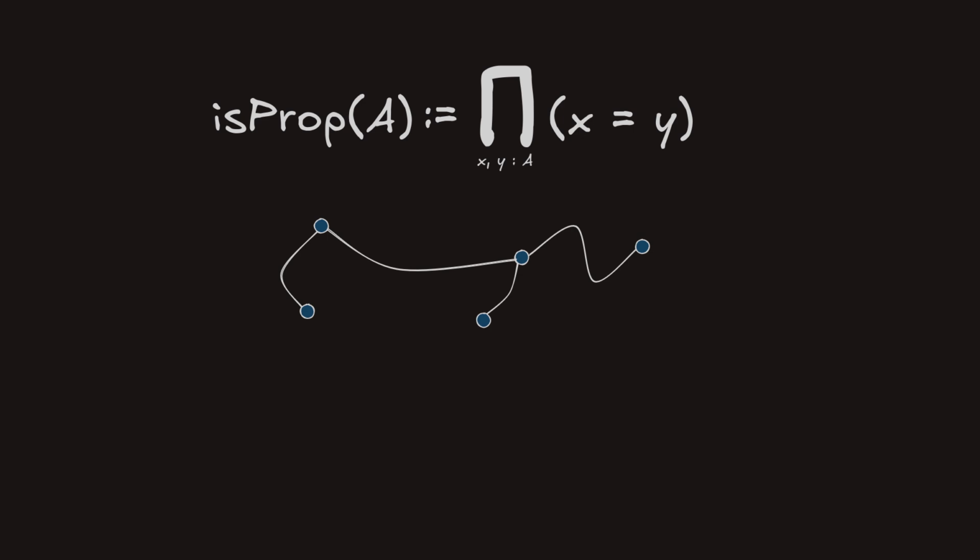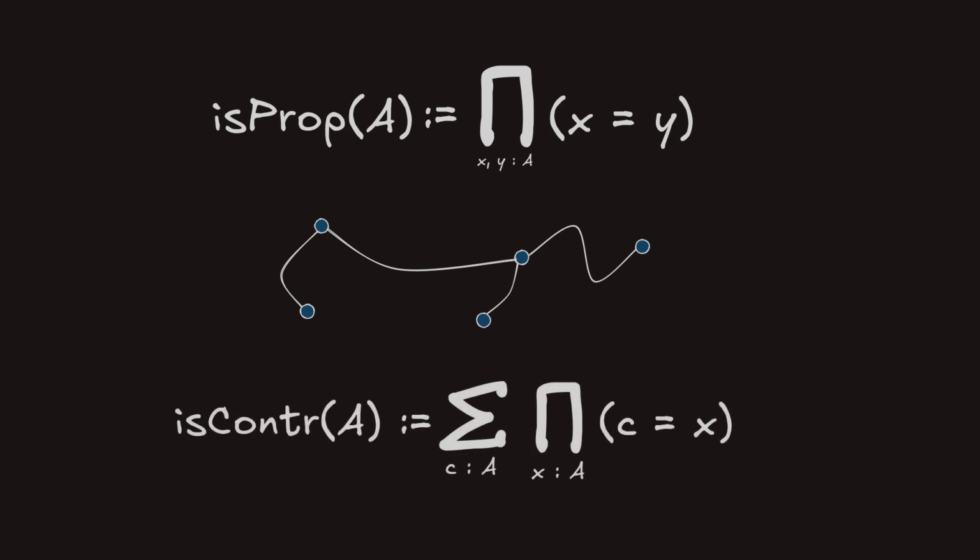A mere proposition is almost the same thing as a contractible type, except that it doesn't need to have a center of contraction. In fact, it can be completely uninhabited.